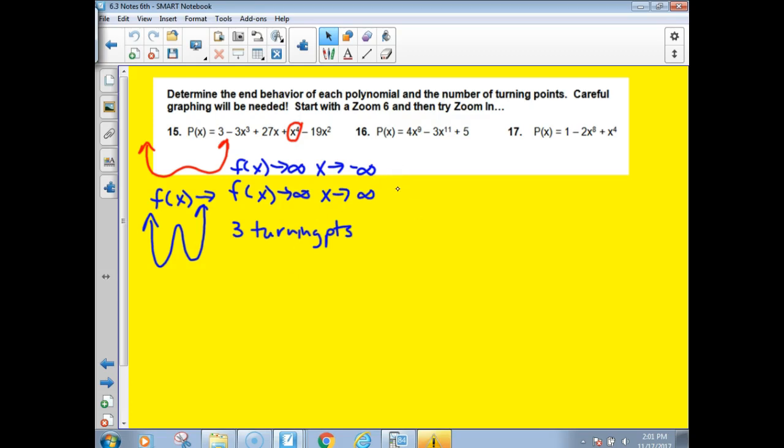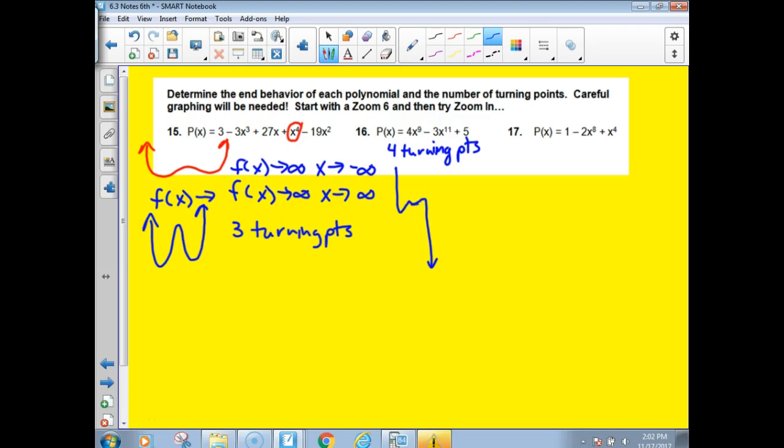Okay, so it kind of looked like this. Oh, I have to have a pen to draw, don't I? All right. So it said to determine the end behavior and the number of turning points. This one had 4 turning points. Okay, it sort of looked like this.